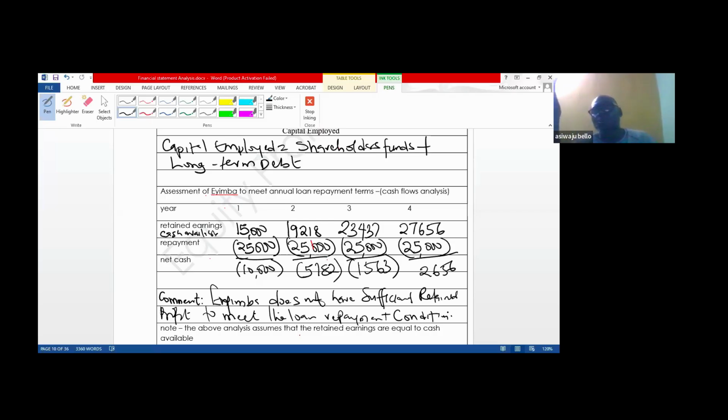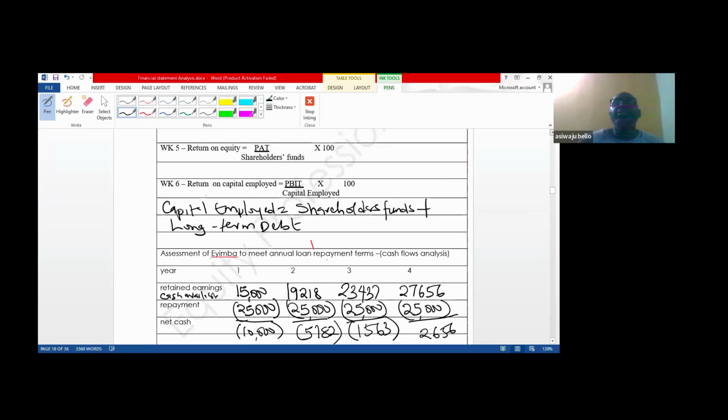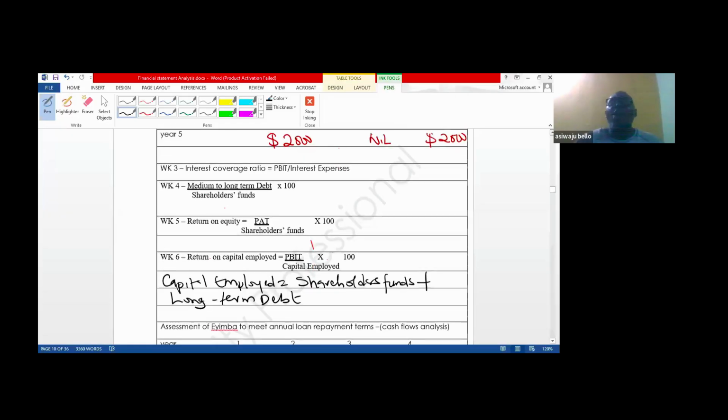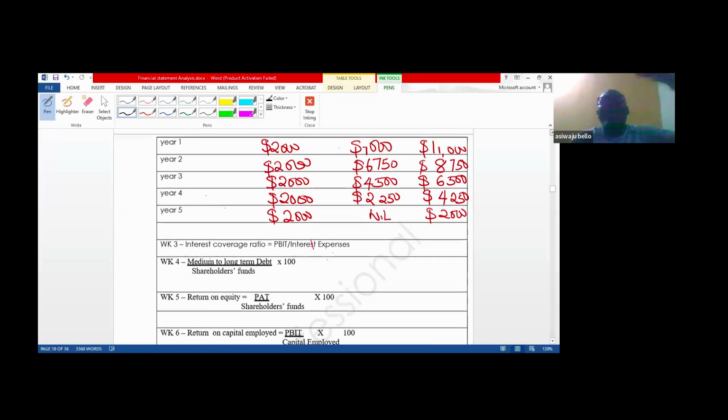But what can we do to resolve this problem? Because we require the loan for expansion. Look at dividend payments. Our duty is not only to calculate figures.